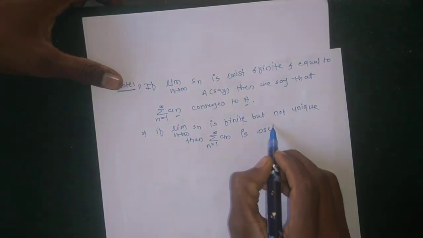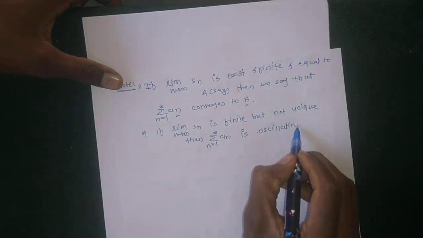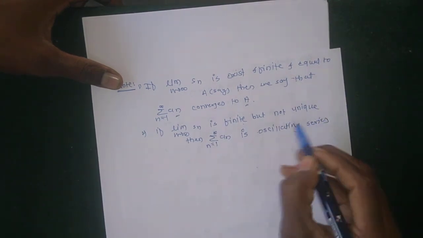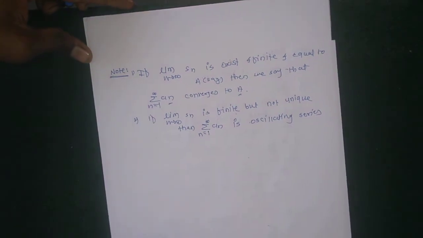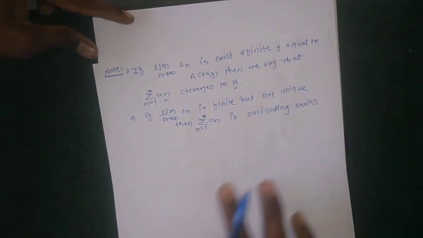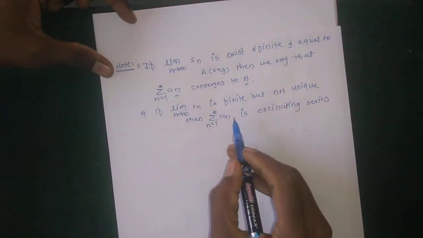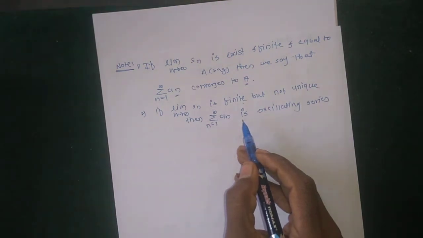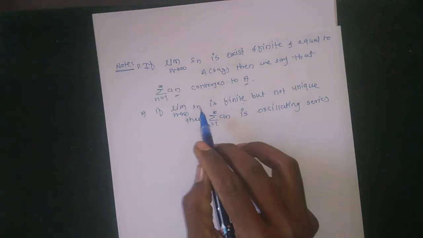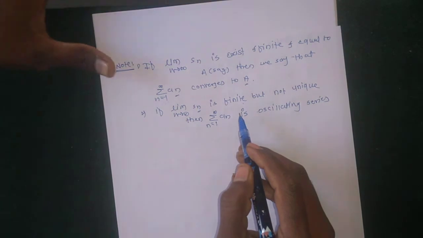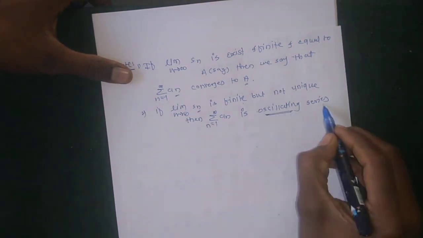That is, the limit of the partial sum Sn exists but is not unique; there are different limits. Then we say that the given series is an oscillating series.